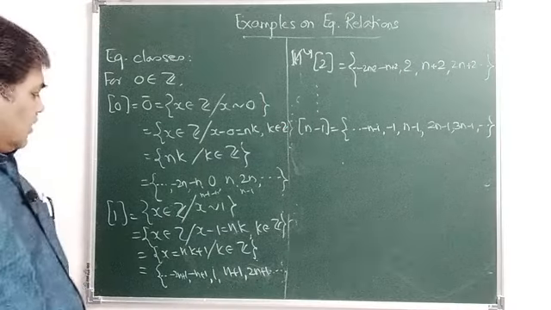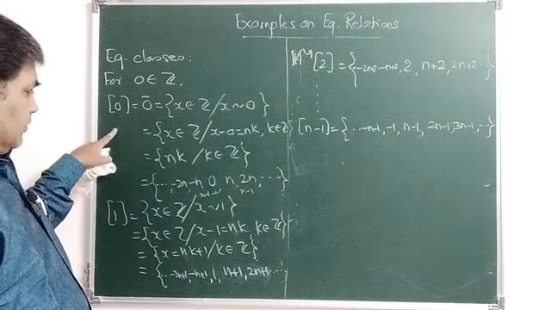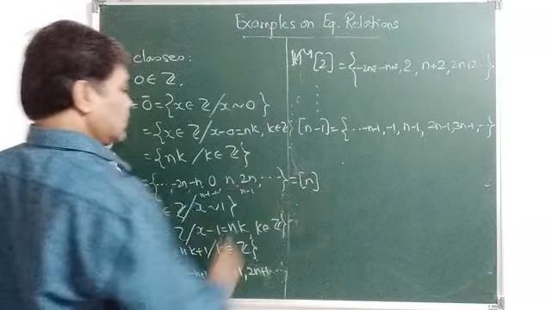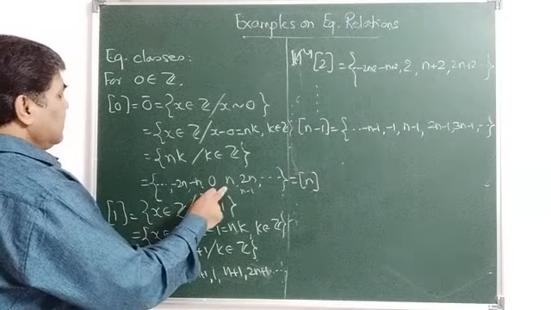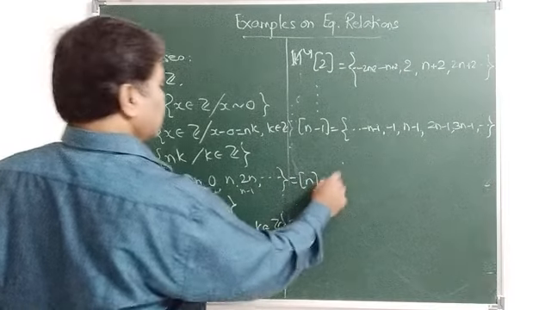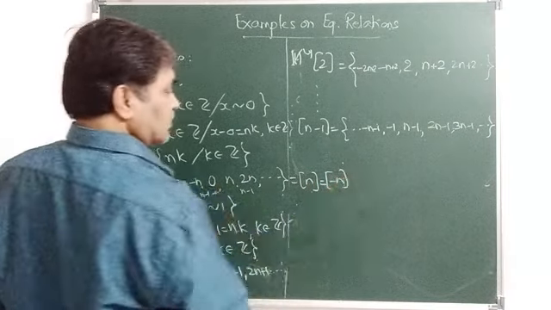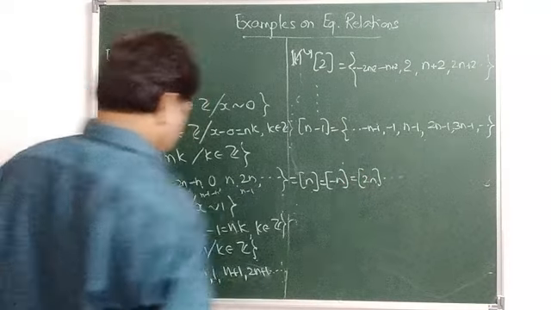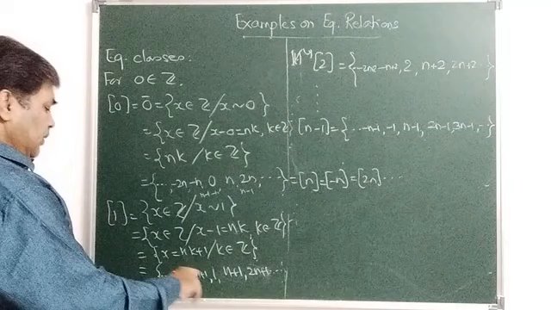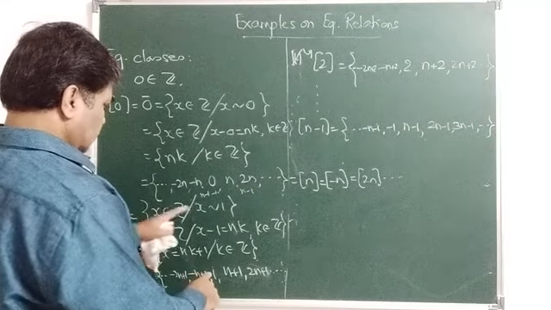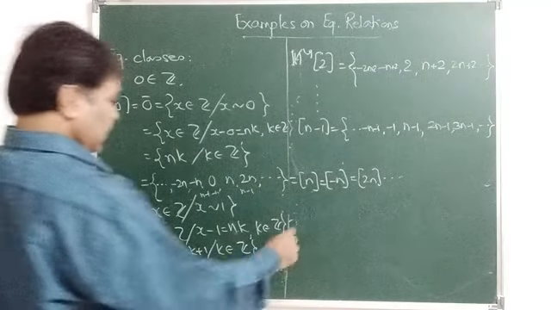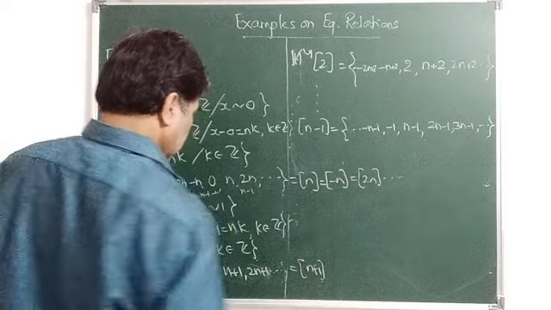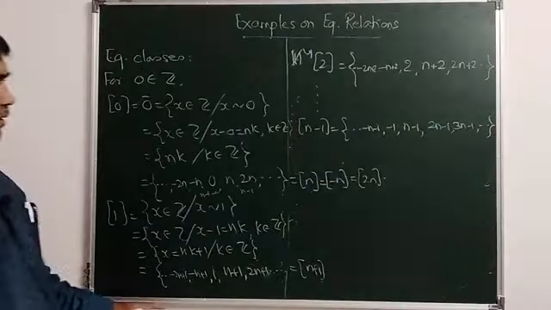Now, if I take the equivalence class of n, see here, n is here, equivalence class of minus n, equivalence class of 2n, and so on. Equivalence class of 2n plus 1, second one, n plus 1. Is it clear?